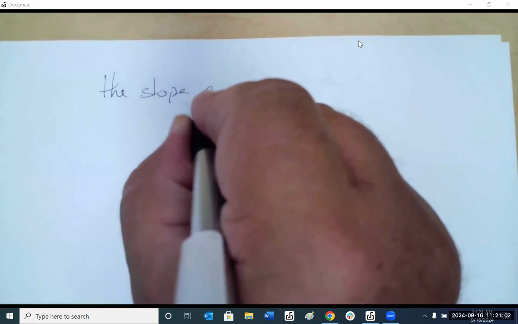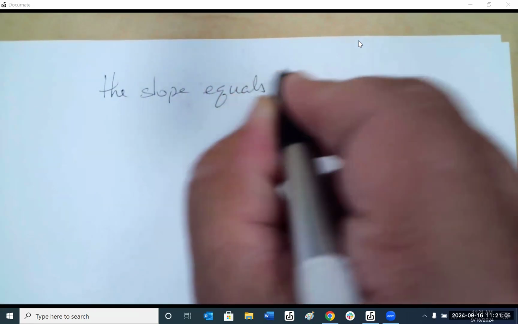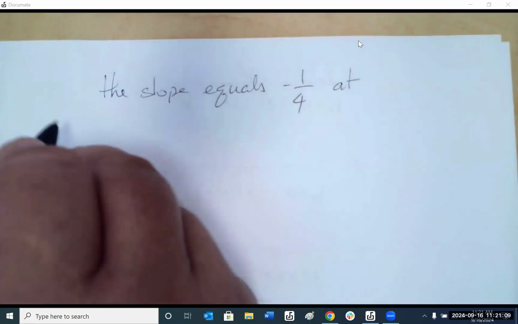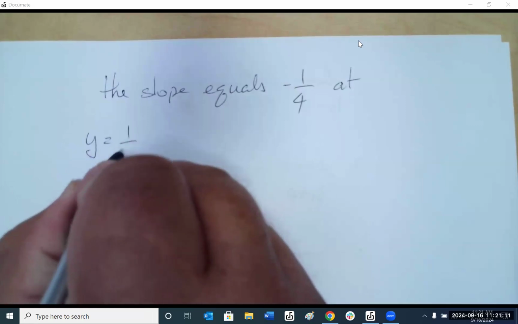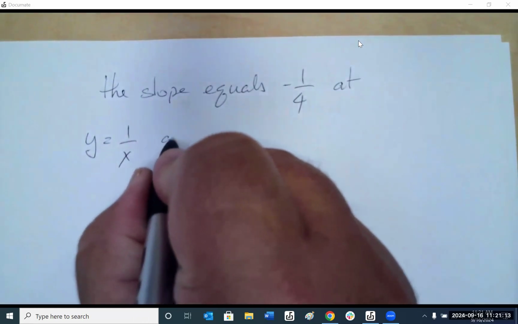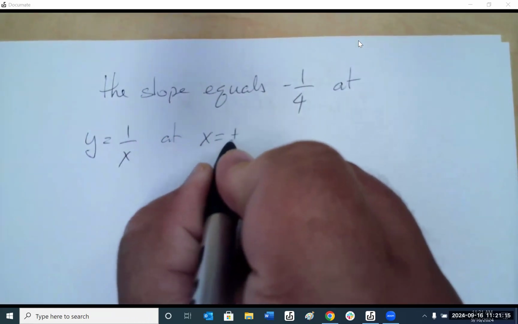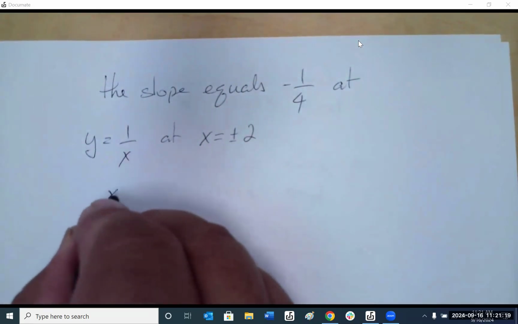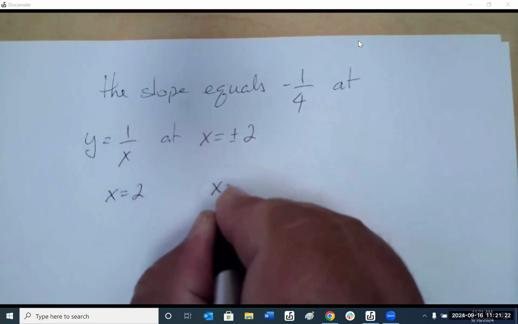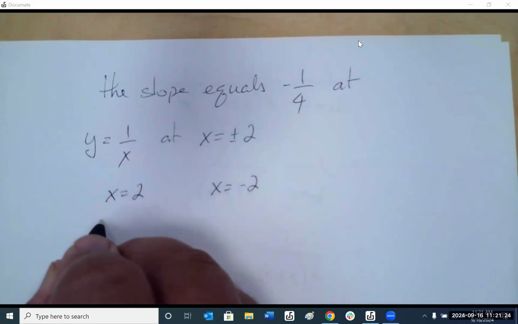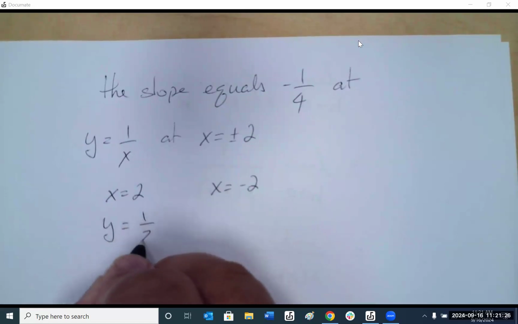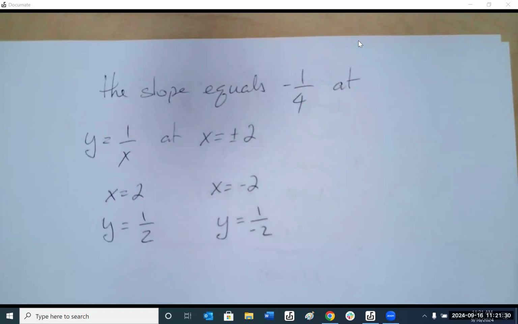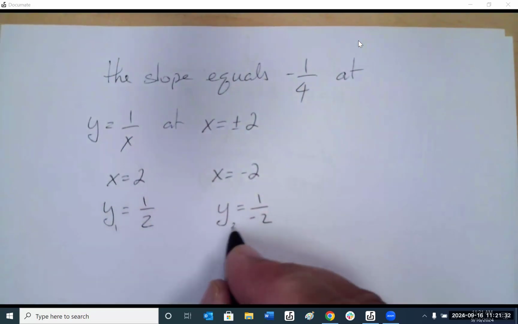The slope equals negative 1/4 at, well, first off, we need y equals 1 over x at x equals plus or minus 2. When x equals 2, when x equals negative 2, so there's 1 point, there's 2 points.